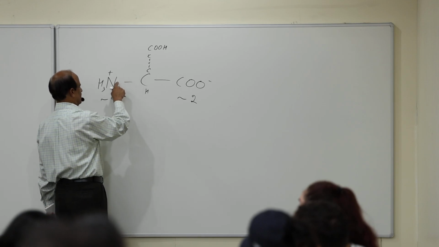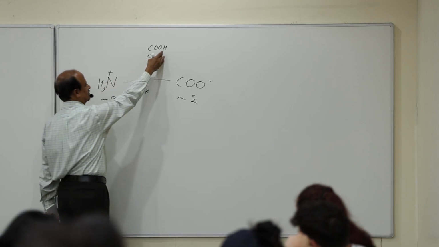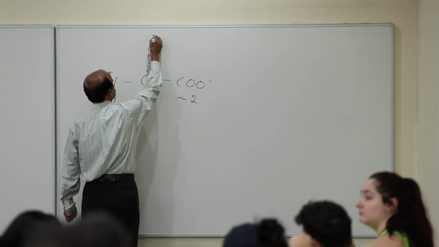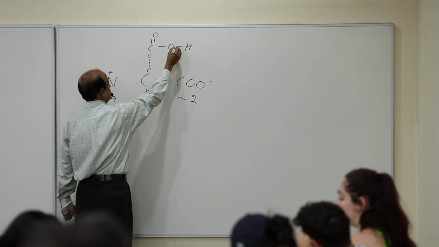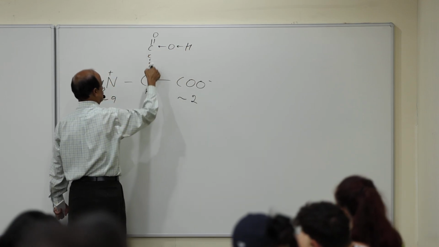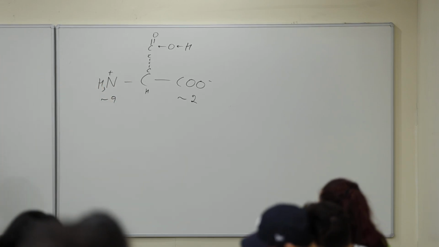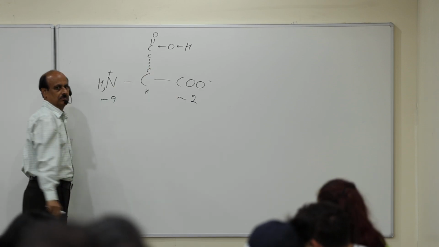It will be the inductive effect of the NH3+, which will withdraw electron from the COOH bond. So this nitrogen withdraws electron from here through these bonds, and that inductive effect makes this a stronger acid than acetic acid, but this distance is much larger than here, and so the effect is not as much.